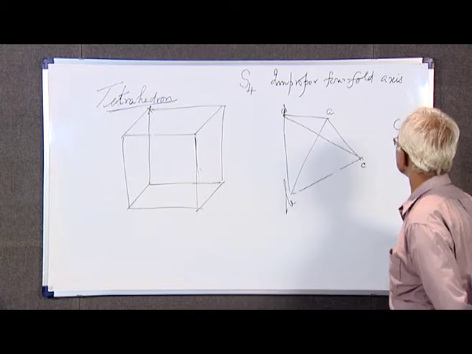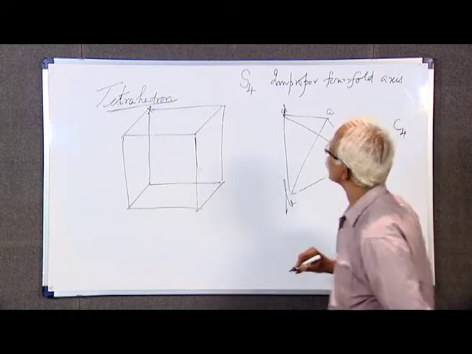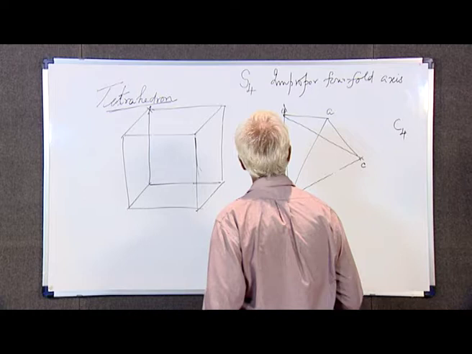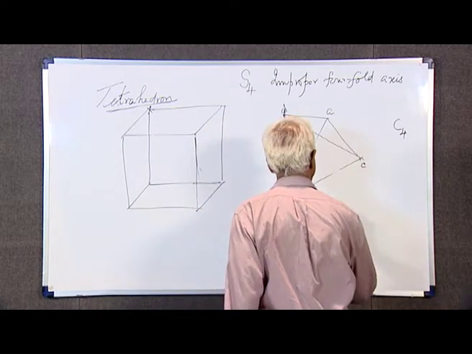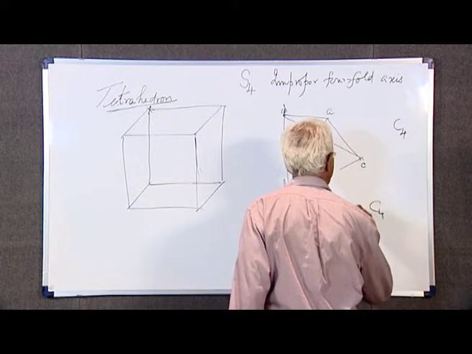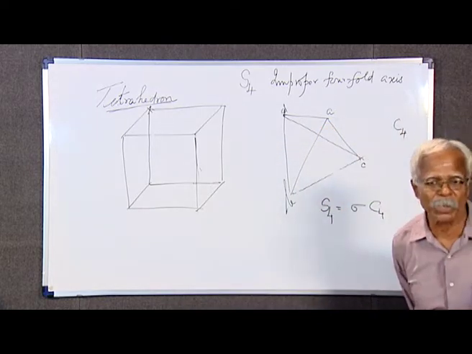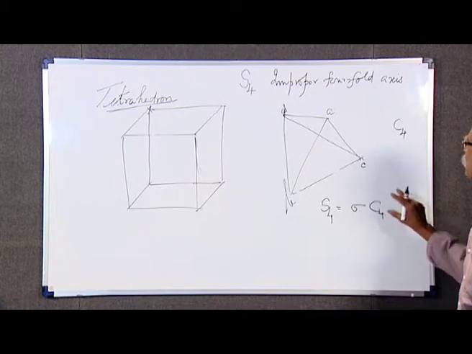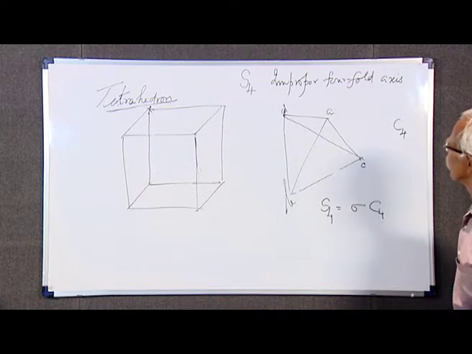Now, S4 means improper fourfold axis, that is S4 equal to C4 followed by a reflection in a plane perpendicular to the concerned axis. This is the description of S4.